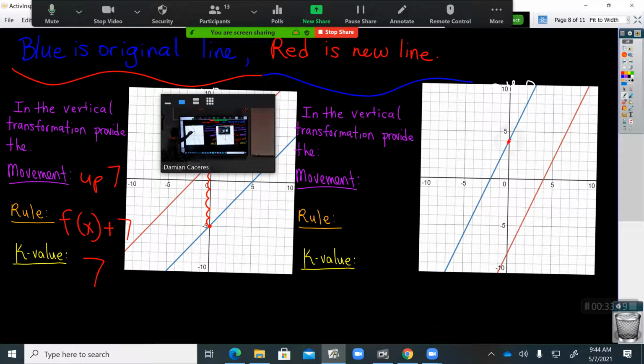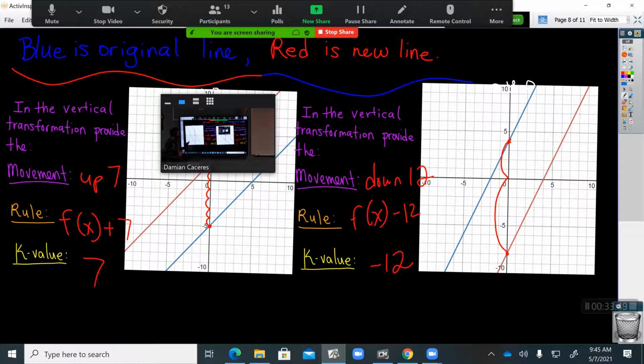We're going from blue to red again. How many units? 12. From here to here is 4. From here to here is 8. So that's 12. So here we go. Down 12. There's the movement. The rule is f of x minus 12. The k value, negative 12.